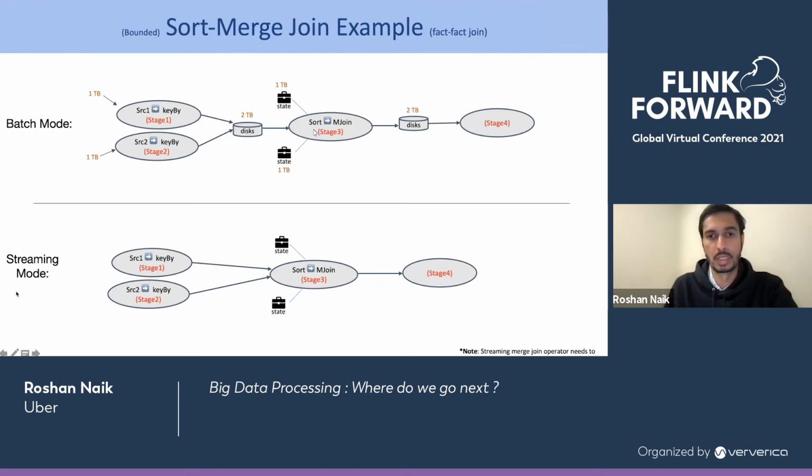Then that's fed into stage 3, which will start sorting the partitioned data. Let's say it requires 1 terabyte on each side to do the sorting in an array list. So that's another 2 terabytes here. And then it produces the sorted output, which is 2 terabytes, and that's fed to stage 4.